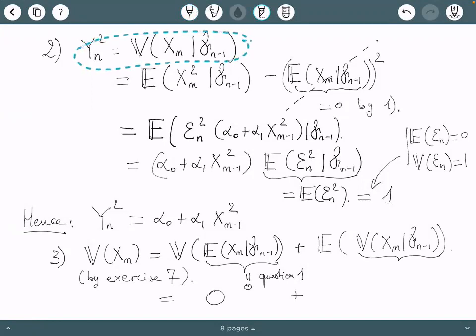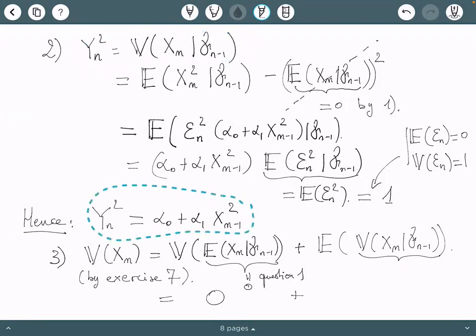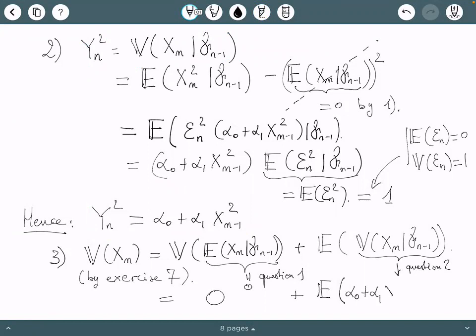So it is yn squared. But this yn squared, we have seen that it was equal to that. So I can replace here by question 2, it is the expectation of alpha 0 plus alpha 1 xn minus 1 squared.